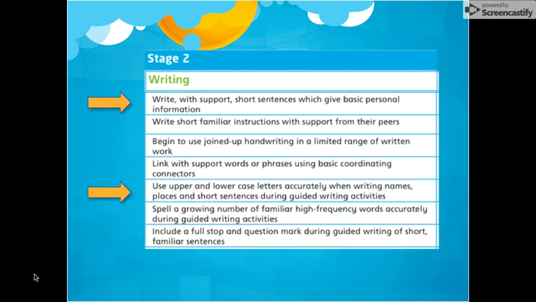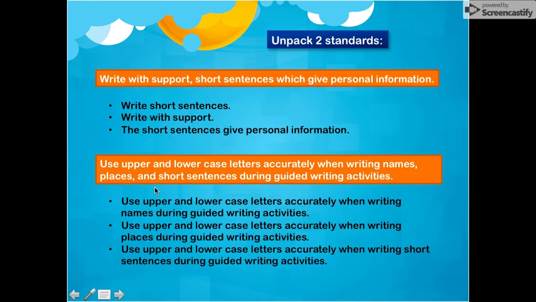Let's take stage 2, for example. For grade 2 students, stage 2 in writing, we do have these teaching learning targets. Here are the 2 standards I'm choosing to unpack later. This one and this one. Number 1, to write with support, short sentences which give personal information.